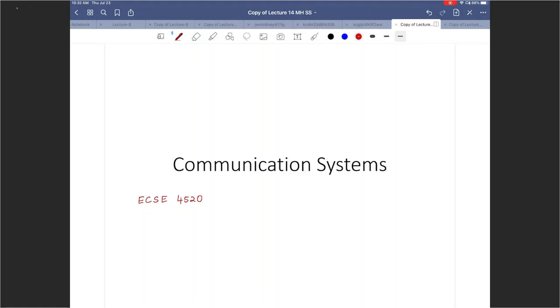Before we begin today, let me ask you, whenever you try to communicate between 2 points, what do you think you are trying to achieve? What aspect of a communication system would you be interested in as a user? Okay, so send a message, right? So reception.